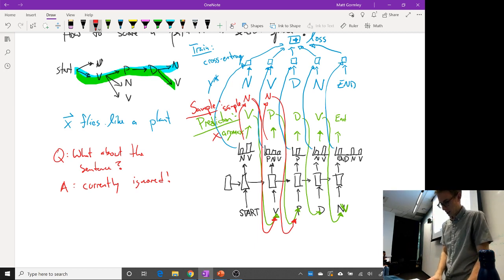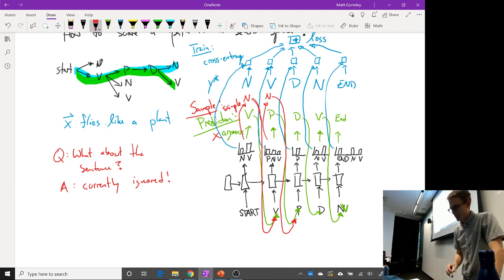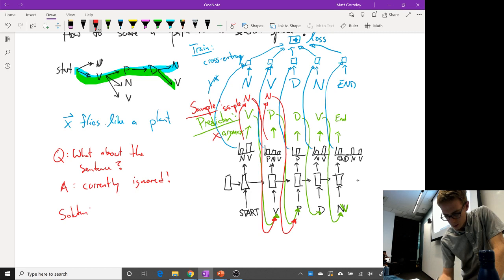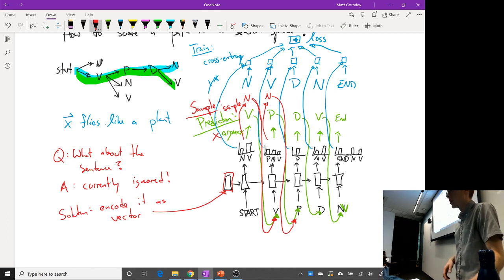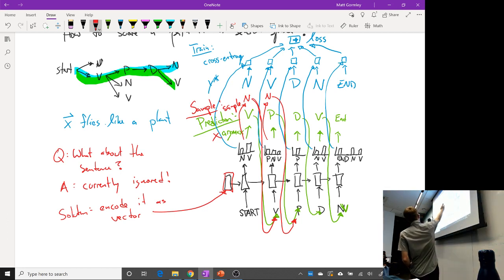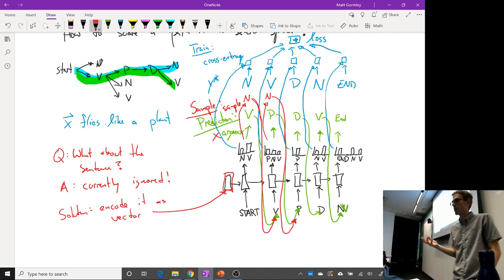So the key idea here would be maybe we could encode it as a vector and then feed it in right here. Right now, the model only looks at the tag sequence, but if it had an initial vector that knew all about the sentence, that summarized the sentence, then maybe we could actually condition on that whole sentence.